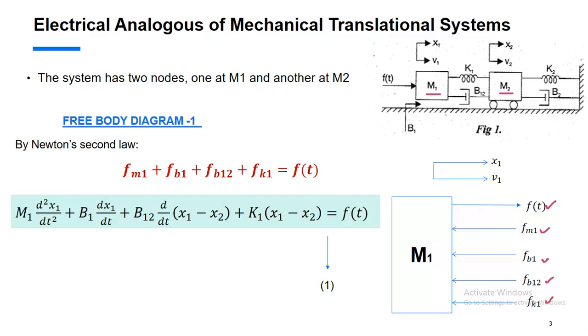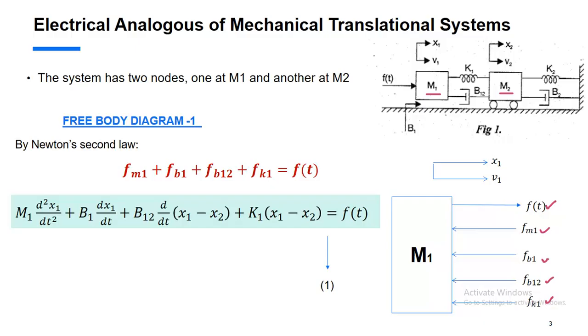Using Newton's second law, we can write a force balance equation, that is Fm1 plus Fb1 plus Fb12 plus Fk1 equal to the applied force F of t. Fm1 is m1 d square x1 by dt square. Fb1 is b1 dx1 by dt.